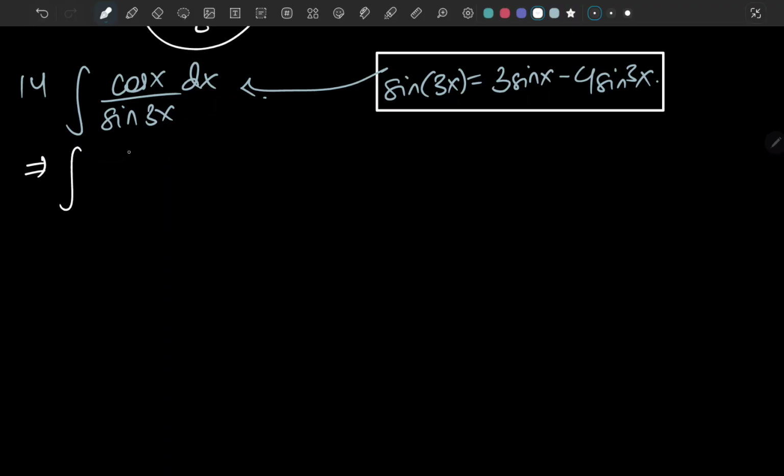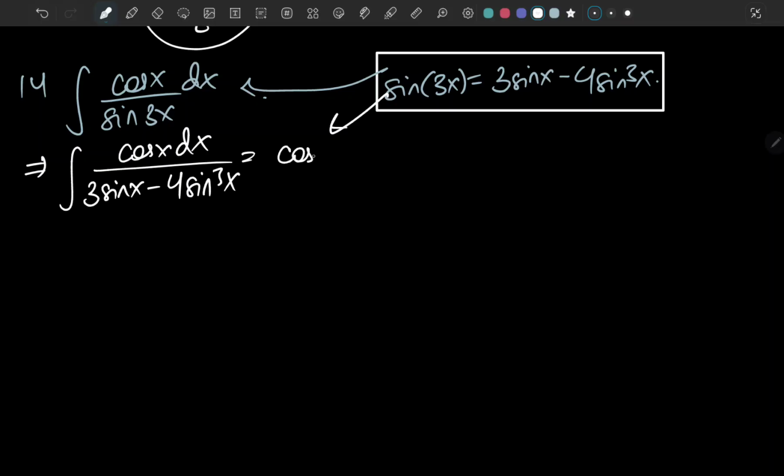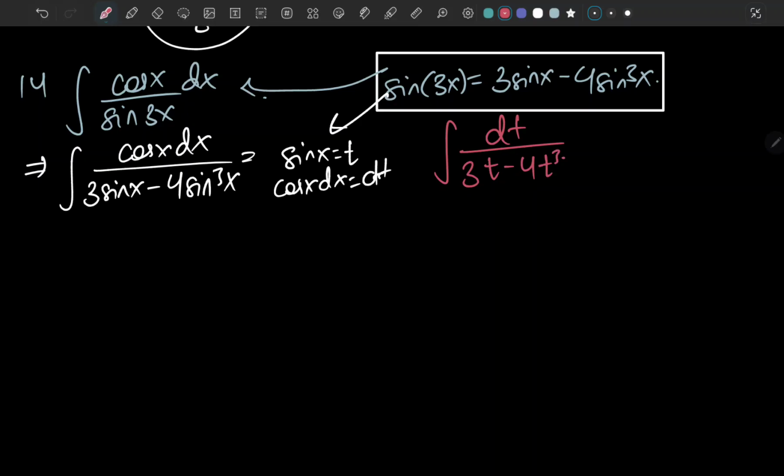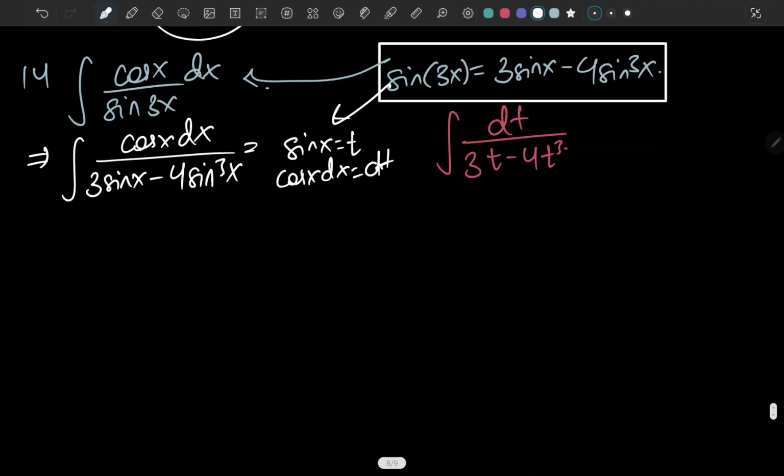So the integral of cosine of x dx over, using this formula, 3 sine of x minus 4 sine cubed of x. Just let sine of x be t, then cosine of x dx be dt. So now our integral becomes dt over 3t minus 4t cubed, and this is literally a beastly integral, I think.